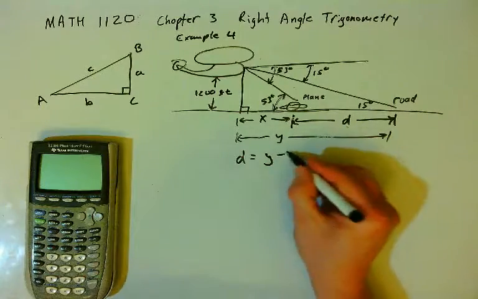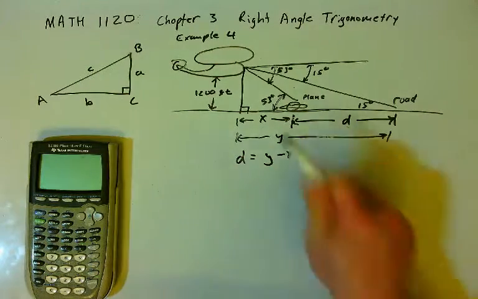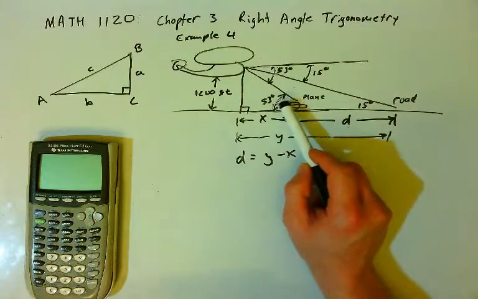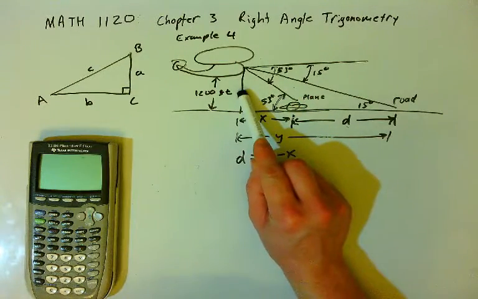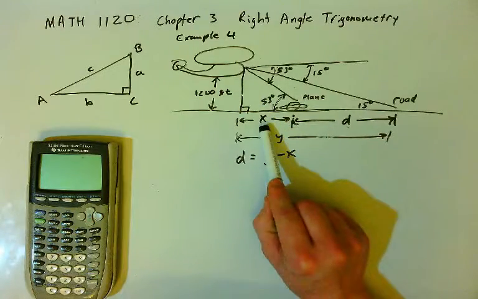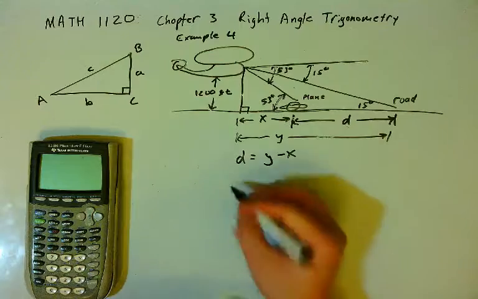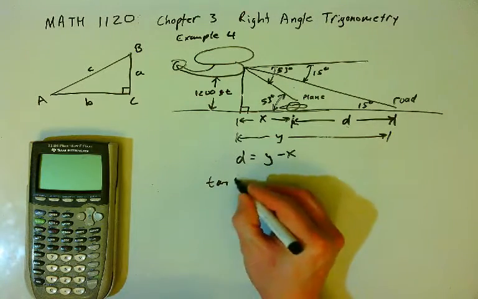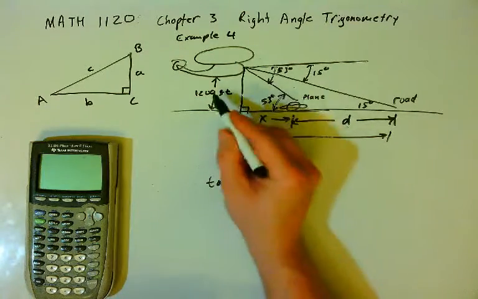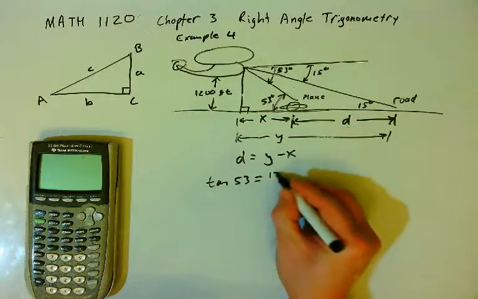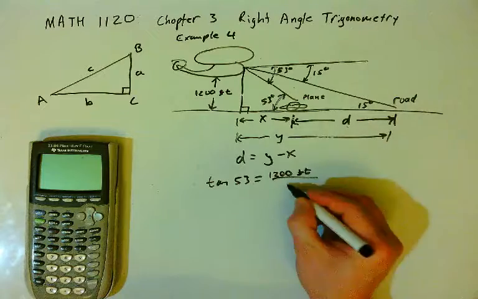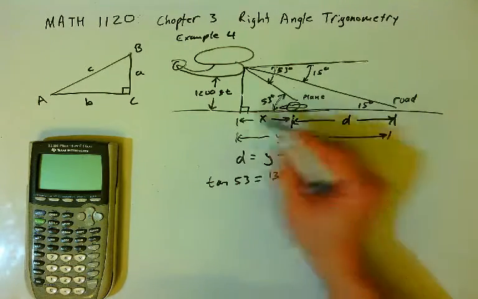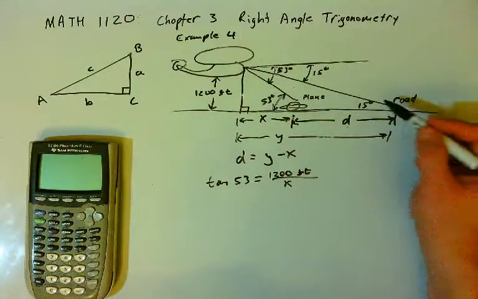So d will be equal to y minus x. For the small triangle, we know the angle of 53 degrees. We know the side opposite that angle, which is 1,200 feet, and we're looking for the adjacent side, so that's going to be the tangent function. The tangent of 53 degrees is equal to the opposite side, 1,200 feet, divided by the adjacent side, x. For the larger triangle, it's a very similar situation.